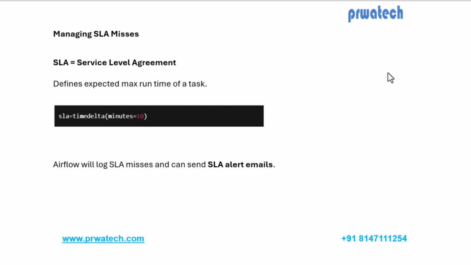You can see in this snippet the SLA variable, where we have used the timedelta function and set it to 10 minutes. So 10 minutes is the maximum expected runtime of a task.